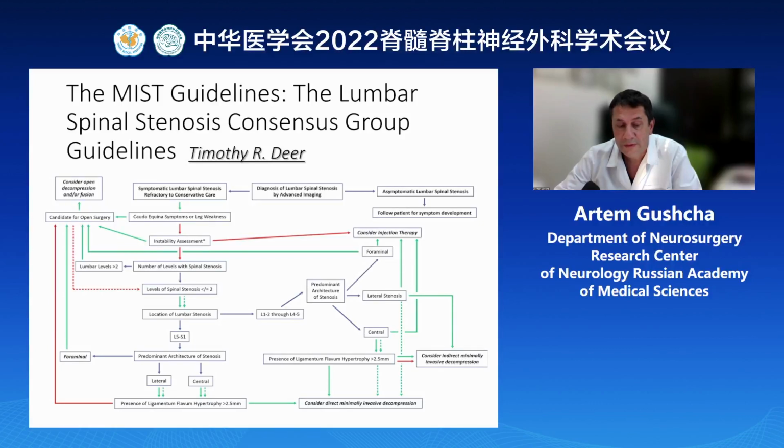I mean, in case the yellow ligament could be, for example, stretched, indirect decompression with a procedure like sleeve could be offered. But if the resection of the yellow ligament, for example, or another compressive structure should be removed, a direct minimally invasive procedure, like our discussed procedure, endoscopic percutaneous lumbar stenosis decompression, could also be performed.